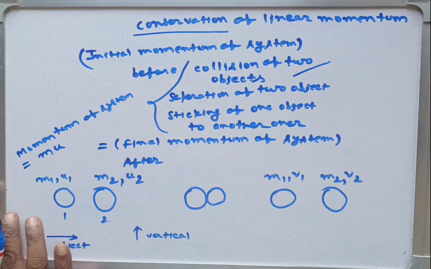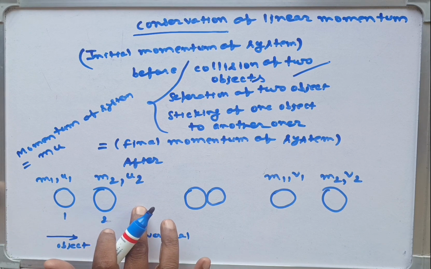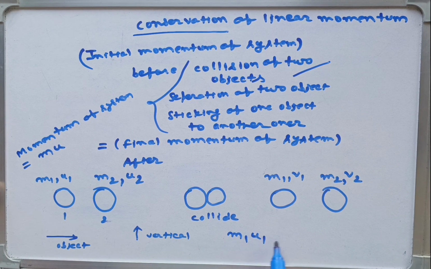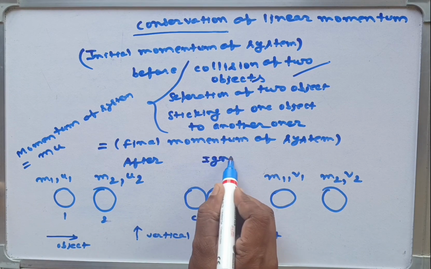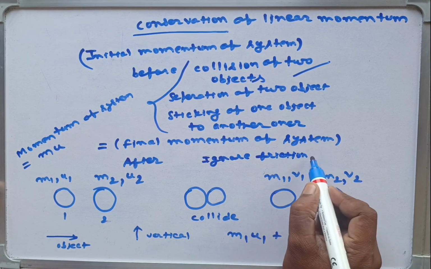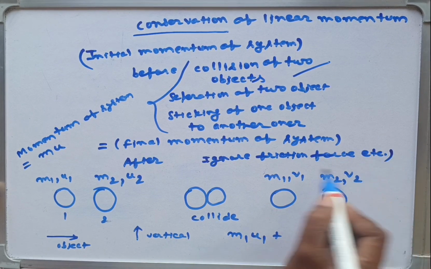Now here the two balls, moving with velocities u1 and u2, collide with each other and then separate. We ignore frictional force or any other external force.